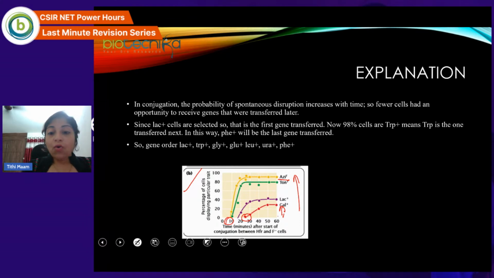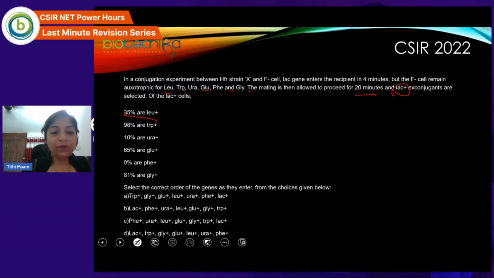So when we apply this concept here, this is the percentage of the genes which is mentioned, right? So in that, the gene which is passed first will be having the maximum percentage of cells receiving that gene. So here 100% are lac plus. After that, we have to arrange the genes in terms of the decreasing order of their frequency of passage, right?